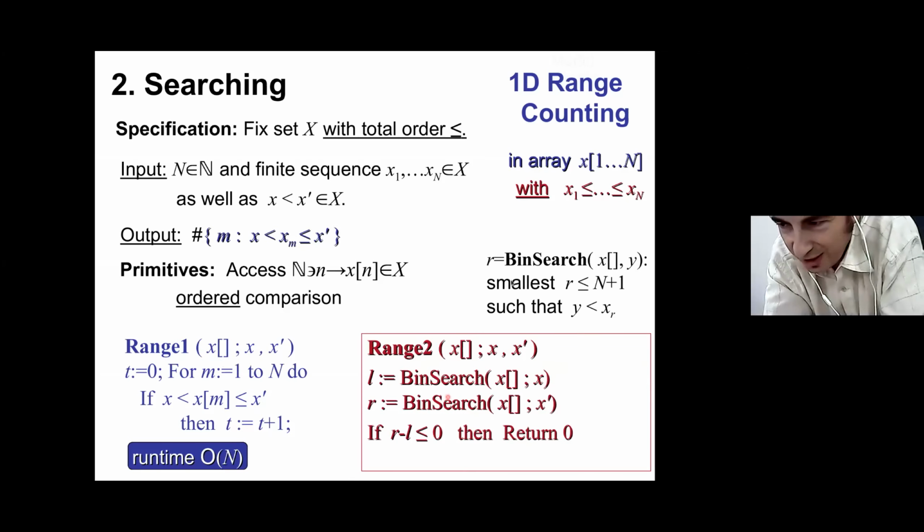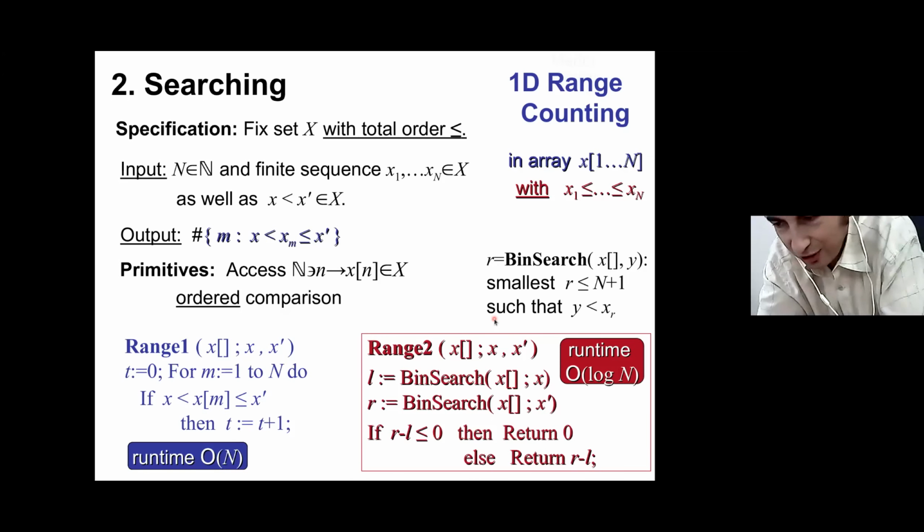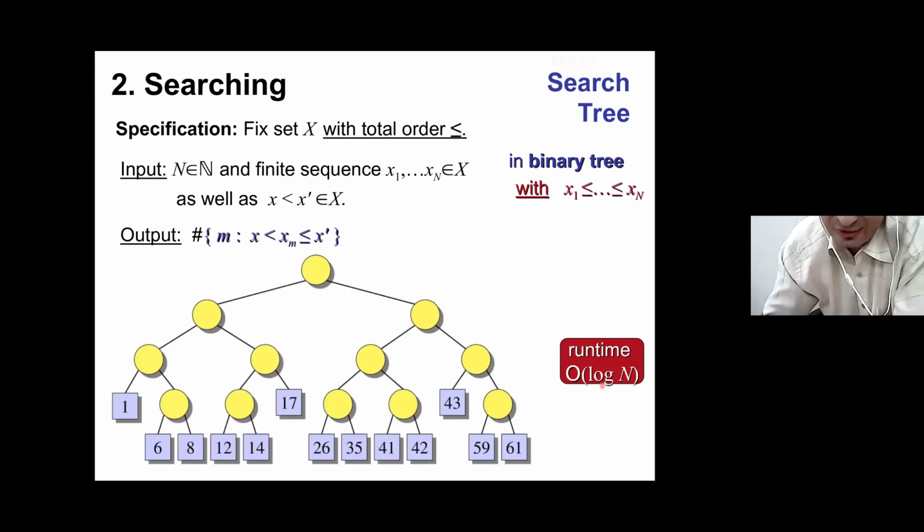And then we said that we can use our binary search capacity to improve this complexity from linear to log. Okay. So by using the capacity of the binary search, we can improve this O of n of the naive algorithm to logarithmic.